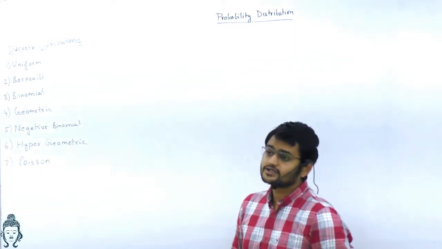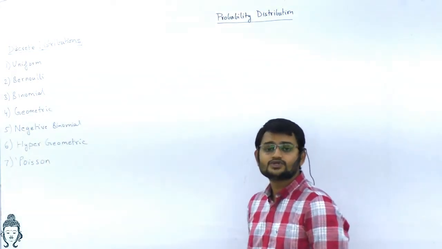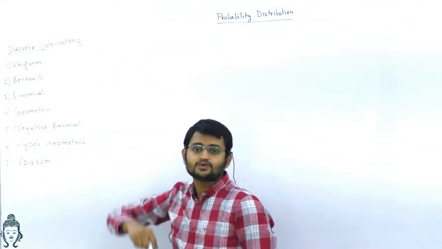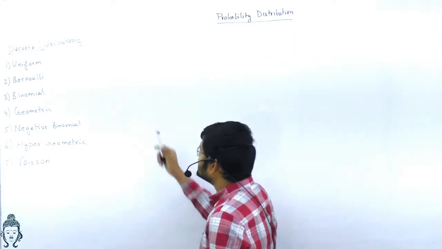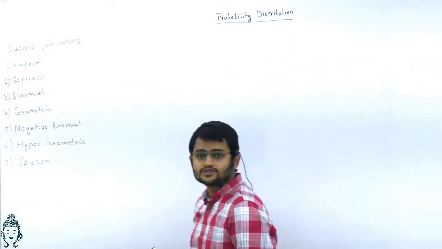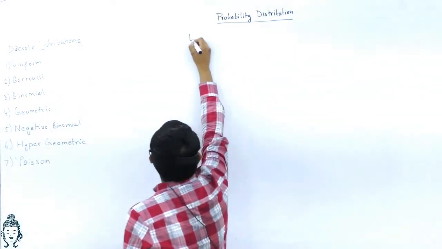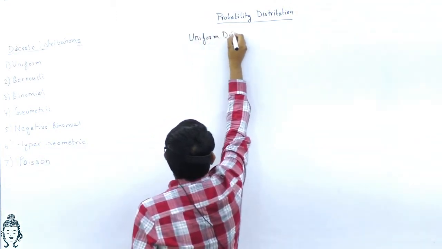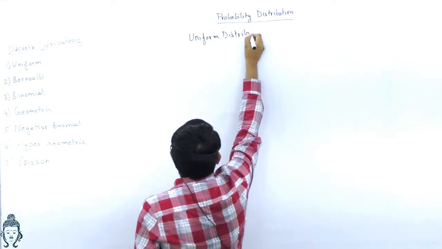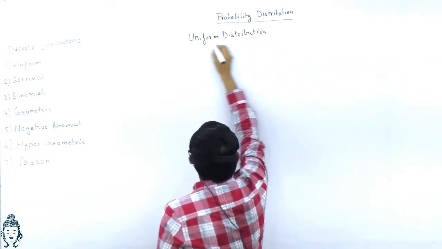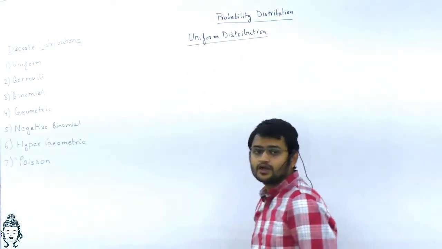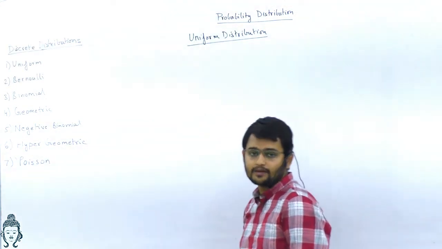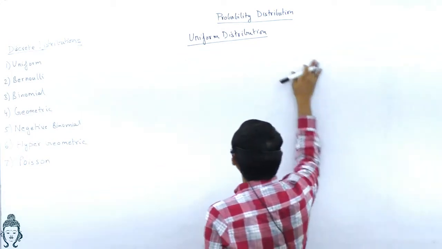Now as our data is of two types, probability distribution is also of two types. First let's see discrete distributions. Among them, first we are going to study the uniform distribution. Now uniform distribution has a special characteristic. Every value in a uniform distribution has the same probability. That is why it is called uniform.